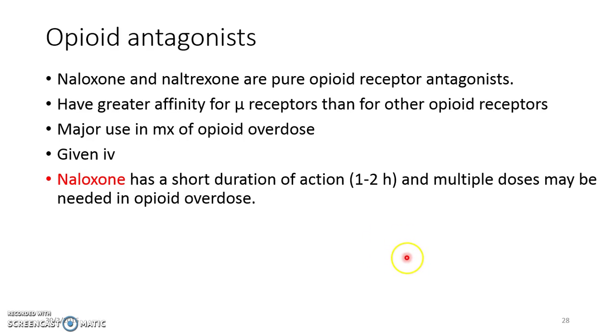You can titrate and monitor the patient according to the pupil size and other things, and once the pupil size has decreased, the patient is more aroused and there is no more respiratory depression, then you might want to taper down or stop giving naloxone. Okay, that's all for the opioid analgesics lecture series. Thank you.